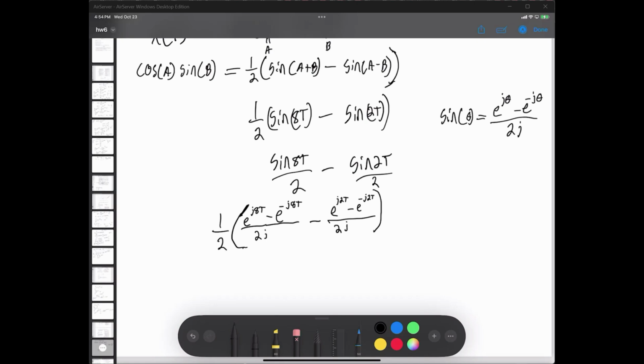As I was saying, you can transform the sines into Euler's form. This is the general form for transforming sine.